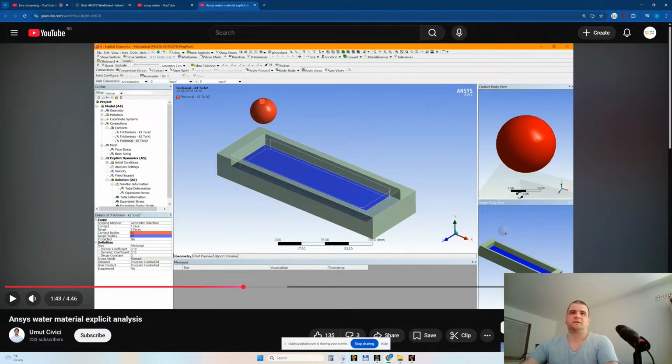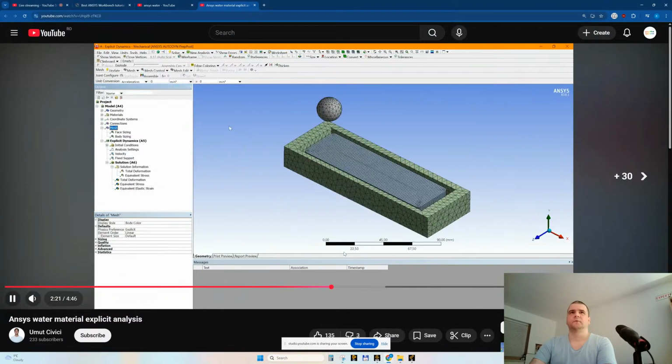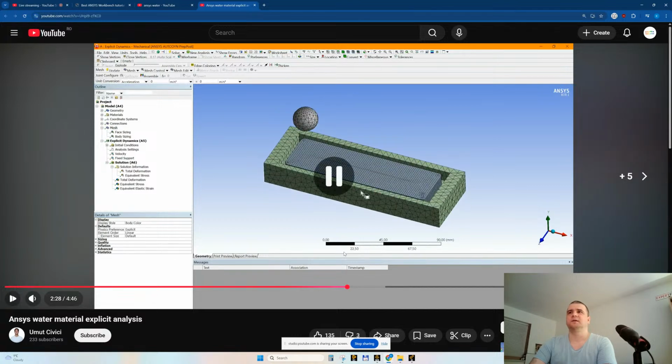Just saying, okay? So I would not say it's incorrect. It's kind of correct, okay? Maybe I would have used lower friction coefficients.